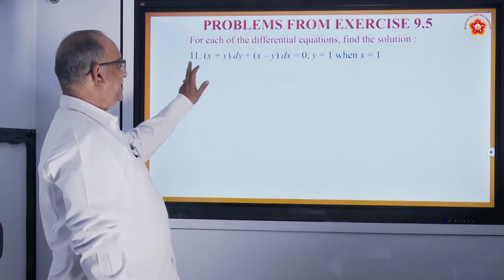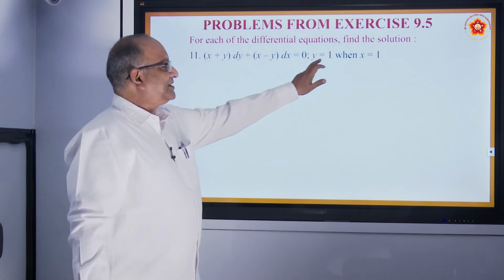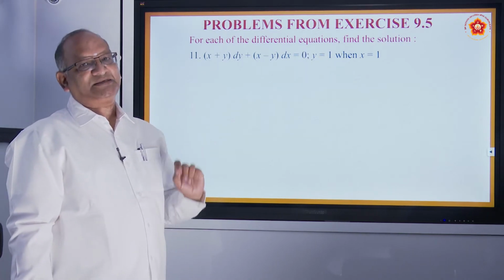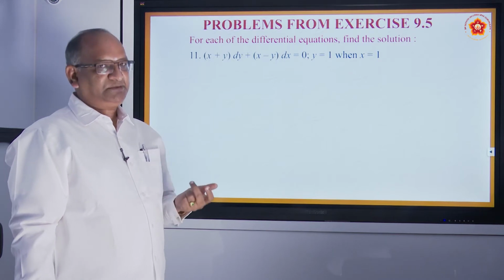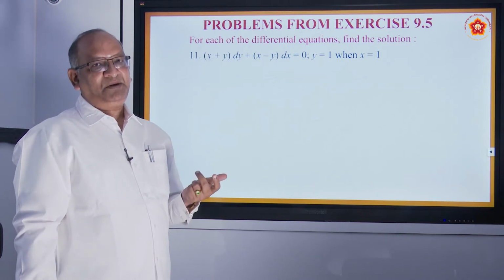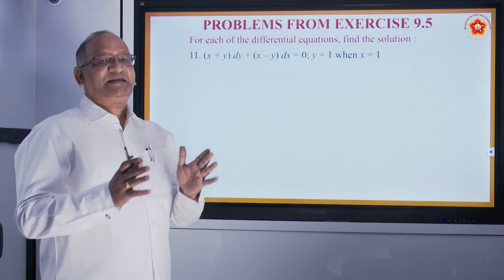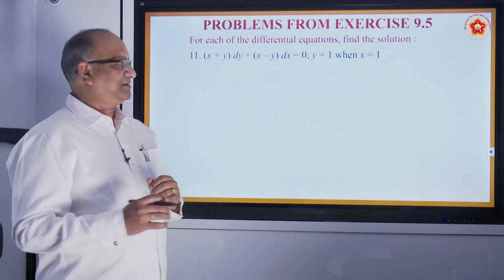Here is the differential equation, and these are the specific values which are given in order to find the value of the constant of integration. So let us begin solving the problem. What do we do first? We try to write the equation as dy by dx equal to the rest.